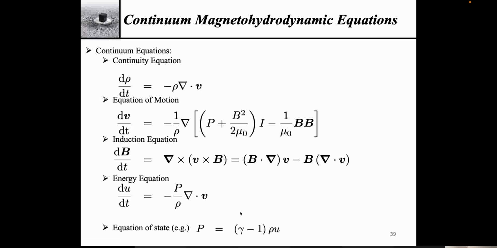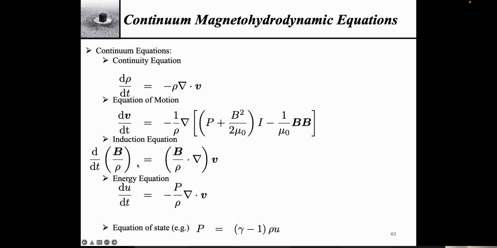Now, we've actually done a lot of tests, and at one point we found that if we rewrite your induction equation to actually evolve B over rho, it's more stable. So you see both ways, but a lot of the numerical codes we use, and a lot of the SPH codes, evolve the magnetic field divided by density as the variable, as opposed to the magnetic field itself.